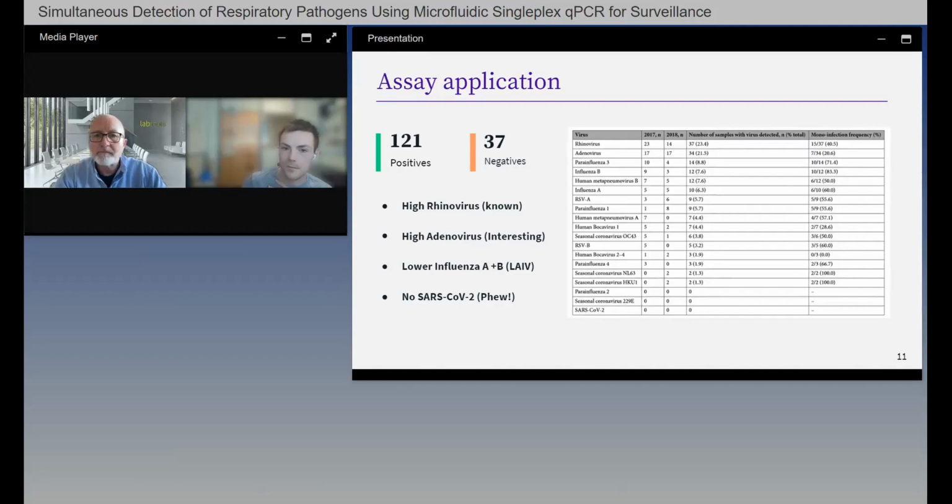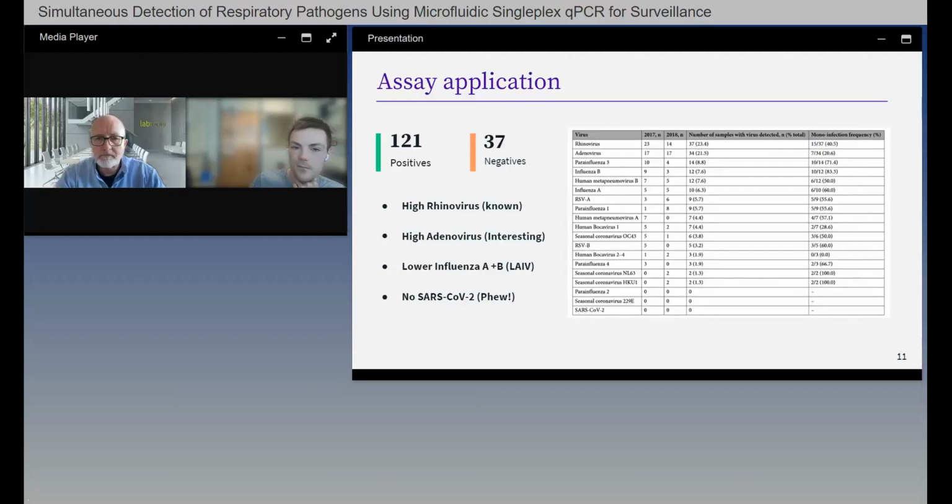I mean, we're expecting a high number of positives because these children are presenting with a respiratory illness. The highest instance was rhinovirus, which was expected, your common cold. And we also detected quite a high level of adenovirus, which we thought was quite interesting.